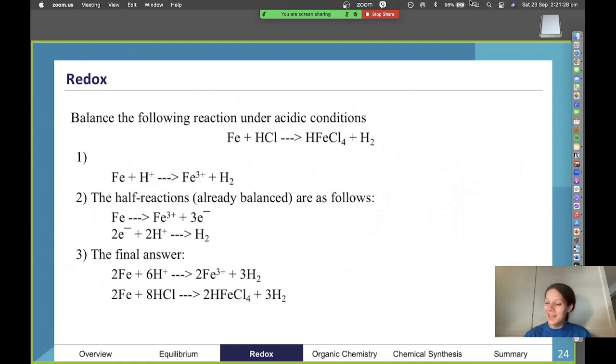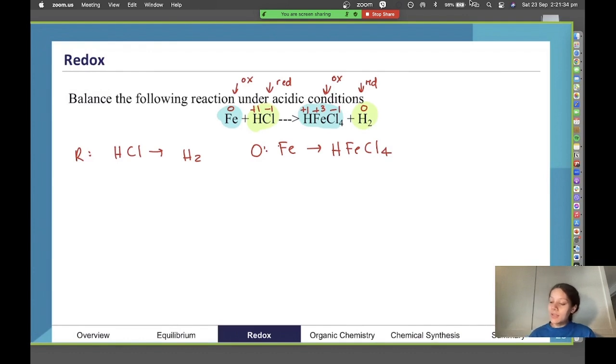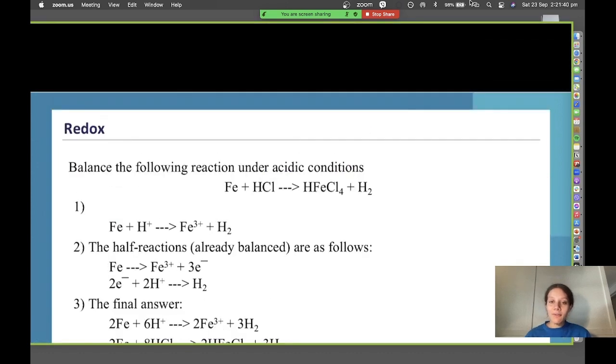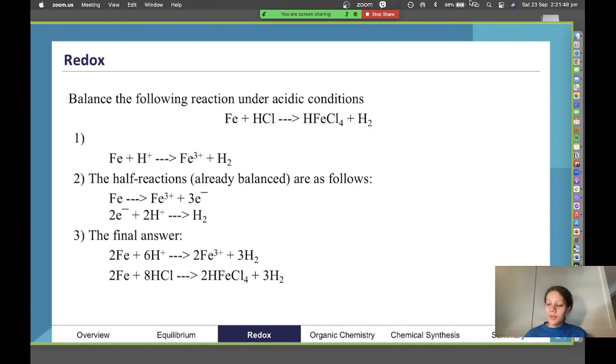So here our half equation, instead of considering Fe to HFeCl4, because if we're going to try and balance HCl and H2, we don't have Cl on both sides, then that means we're going to just work with the ions. So we have Fe turning into Fe3+ and 3e-, and then for our hydrogens, we had the H+ and the HCl turning into H2 on the right hand side. So we balance those out with our electrons, and then we can incorporate them into our final answer.